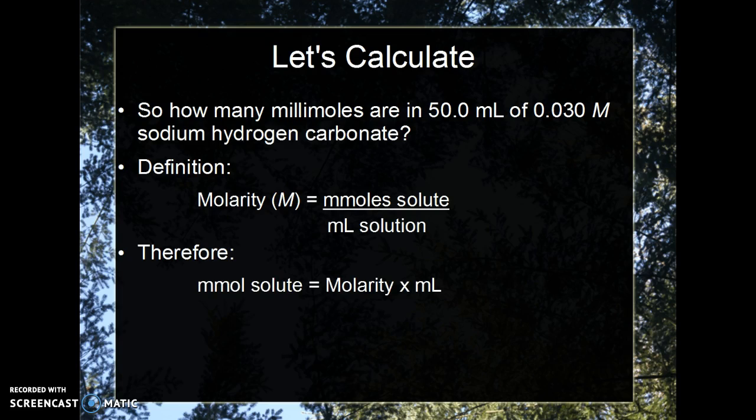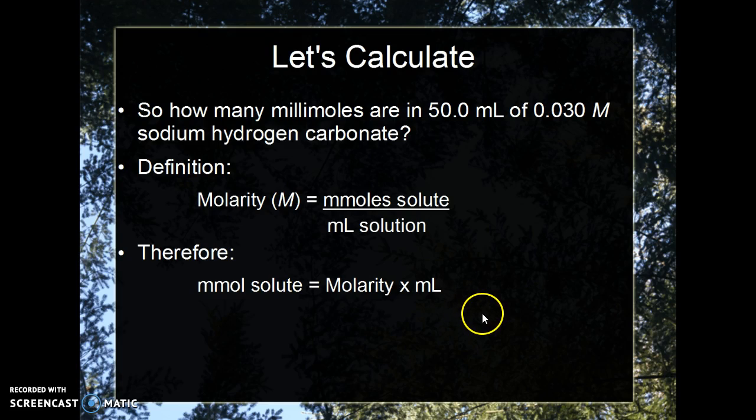Therefore, if you multiply both sides by milliliters of solution, you get millimoles of solute equal to the molarity times the number of milliliters. Now the molarity is usually written right on the bottle of the solution.